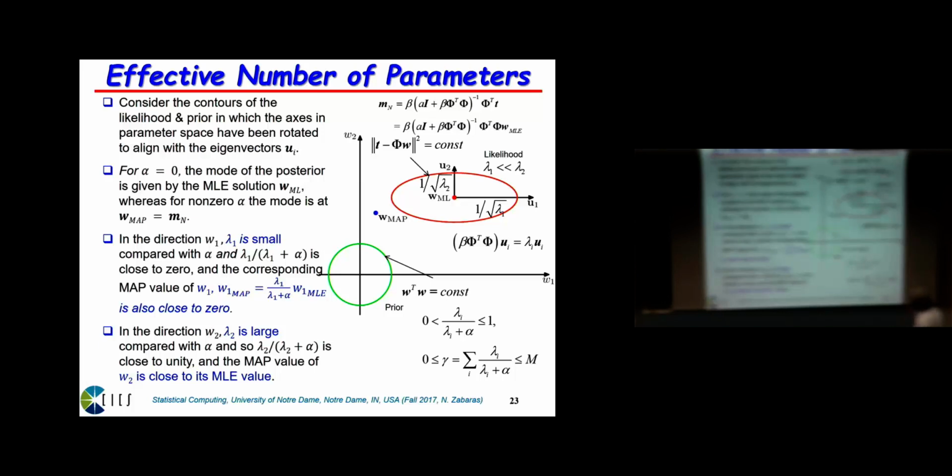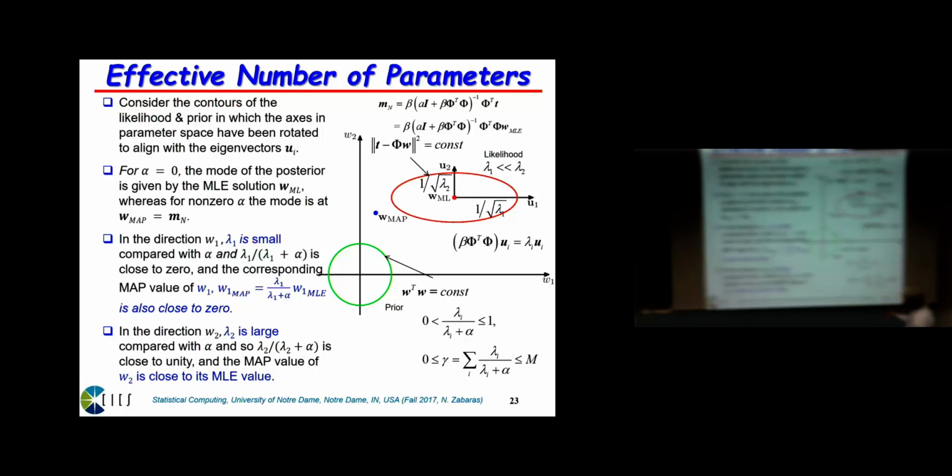If you write this in terms of eigenvalues and eigenvectors, you can immediately see that you get lambda i plus alpha inverse in the denominator, and from phi transpose phi you get lambda i. So you get a relation between the MAP estimate and the MLE estimate looking like this equation.